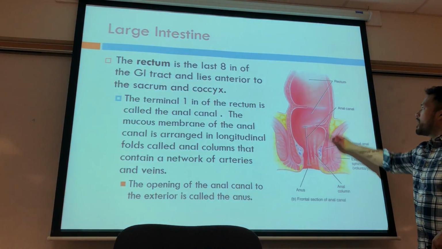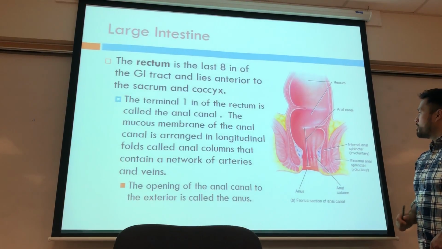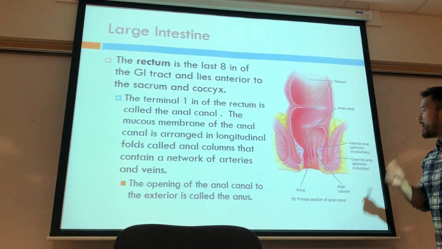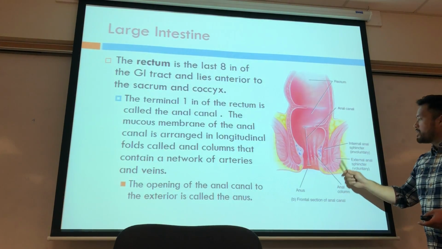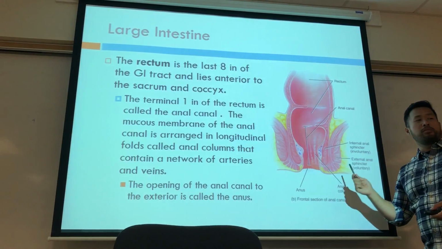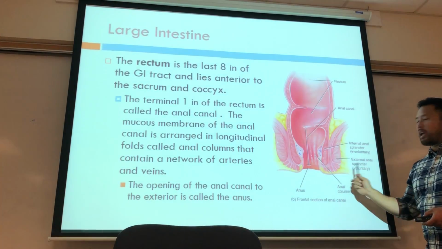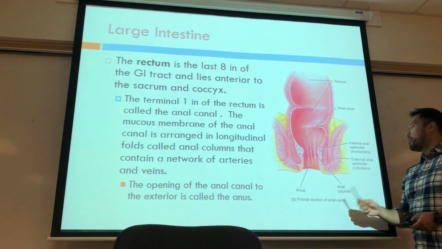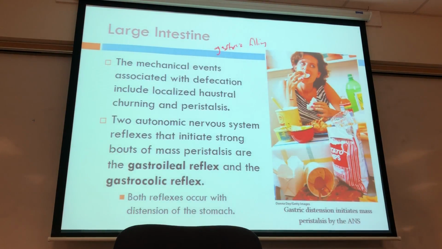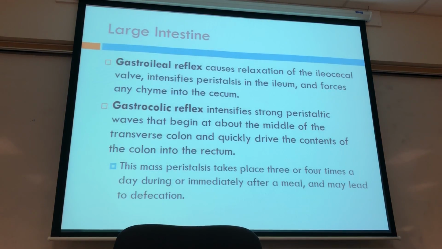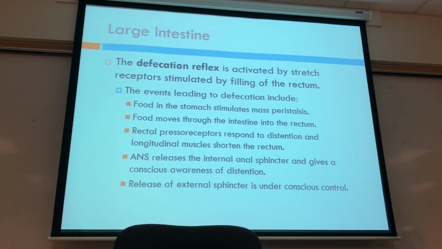So as this fills up, contraction of the longitudinal muscle increases pressure, positive feedback. Increased pressure then sends feedback information letting you know you have that urge to defecate. All that defecation is managed through contraction of the external anal sphincter, and with the release of the external anal sphincter is where defecation actually takes place. That's how we end up eliminating all of our wastes.